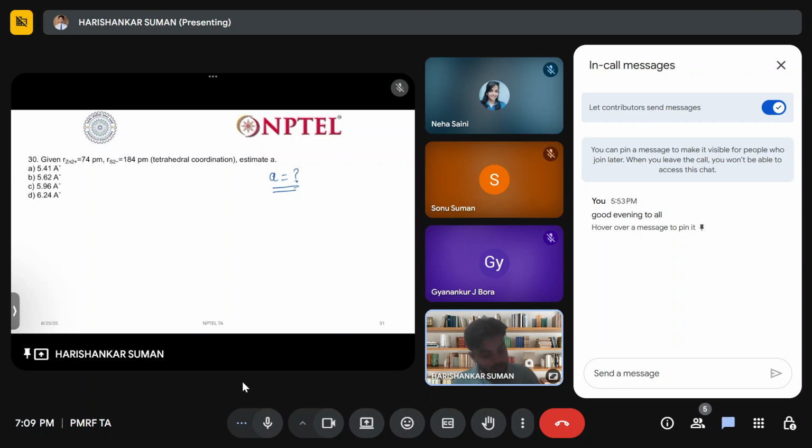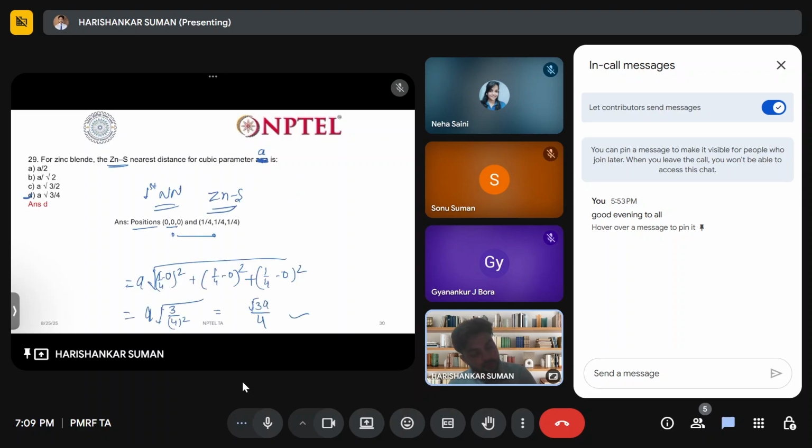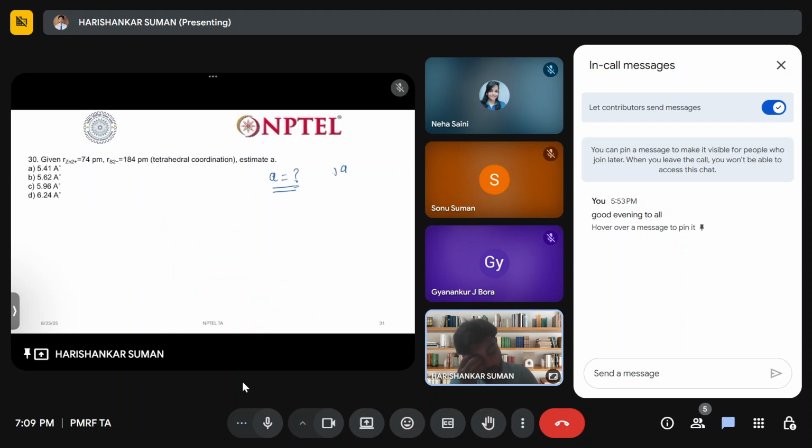As we discussed in the last question, the distance between nearest neighbors is root 3 a by 4. Use root 3 divided by 4 as the nearest neighbor distance, and this is also given, so find out the answer.